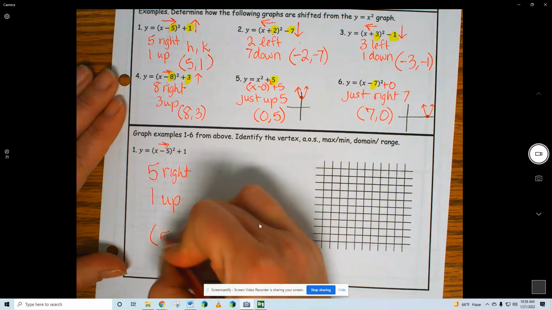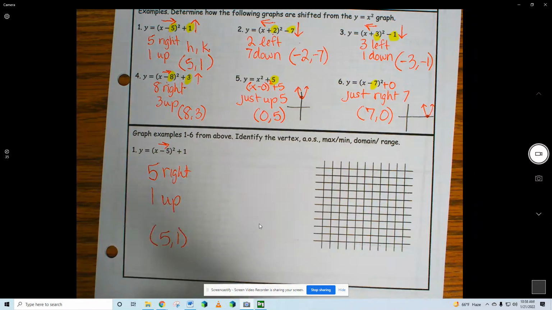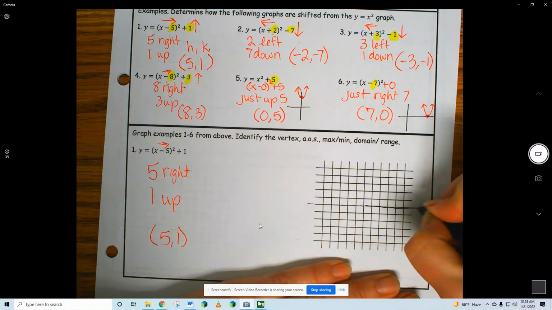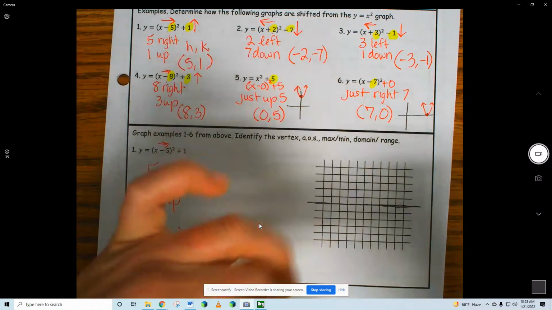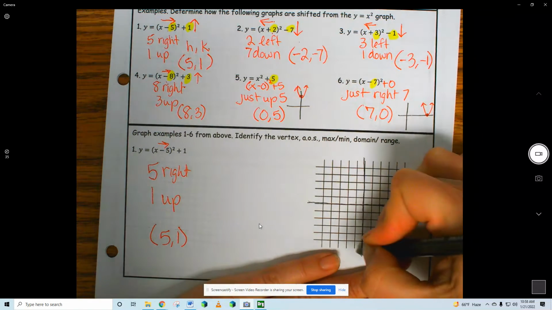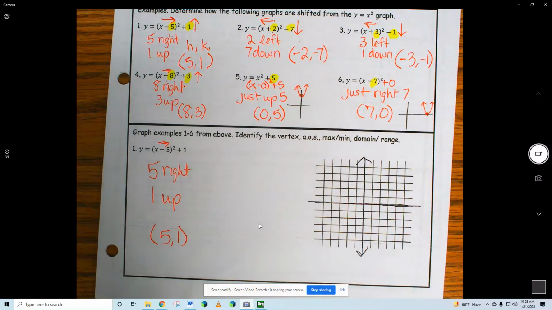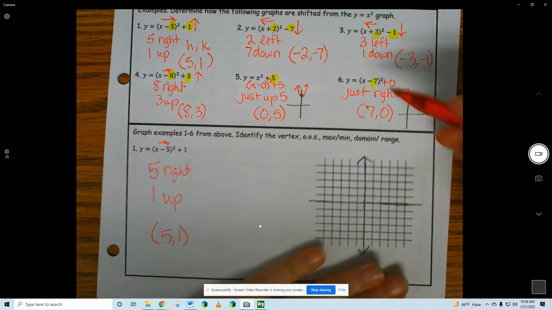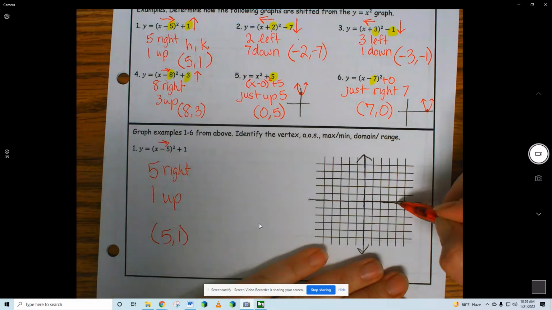So if I know that I need 5, 1, then instead of my vertex being at 0, 0, I need to go 5 right and 1 up, and then plot my point. 1, 2, 3, 4, 5 to the right, 1 up.